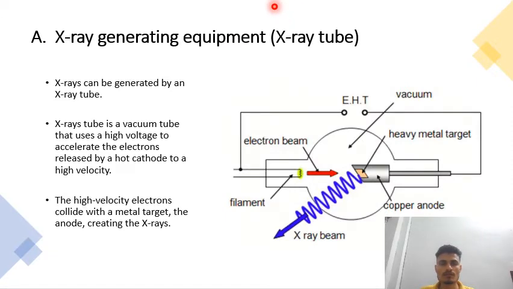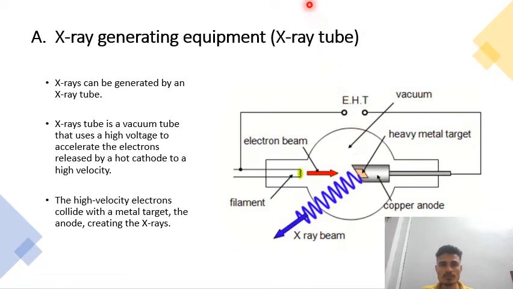Now the first one is X-ray generating equipment, which means the X-ray tube. X-rays can be generated by an X-ray tube. This is an X-ray tube. This is a vacuum tube. Here this is a copper anode. This is the filament, and this filament emits electrons. The electrons travel and hit the copper anode and generate an X-ray beam.